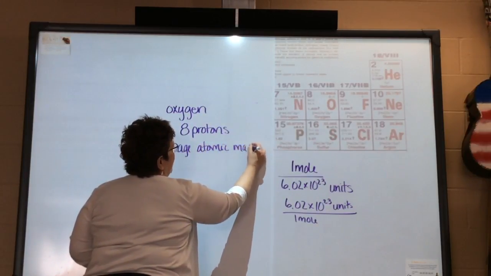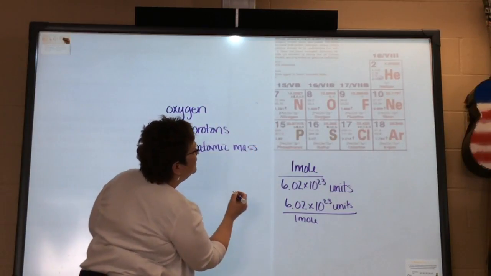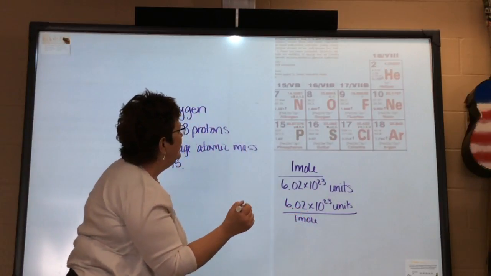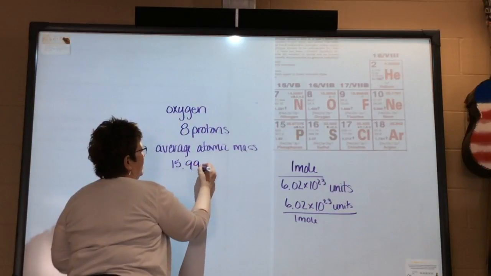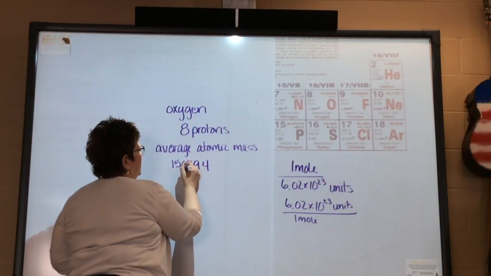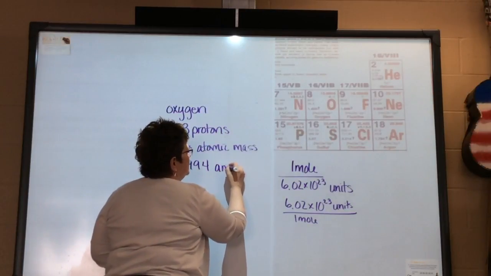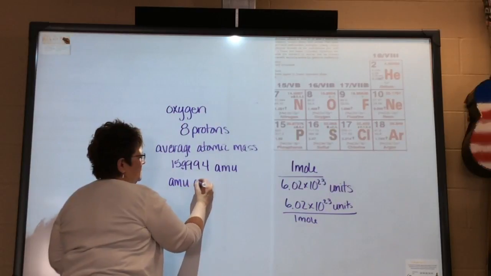it says that the average atomic mass is 15 point, oh, I can't read it either. I think it's 9994. Maybe another 9 in there. All right. AMUs. And remember, an AMU is an atomic mass unit.